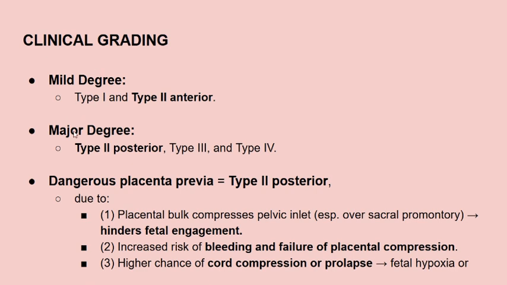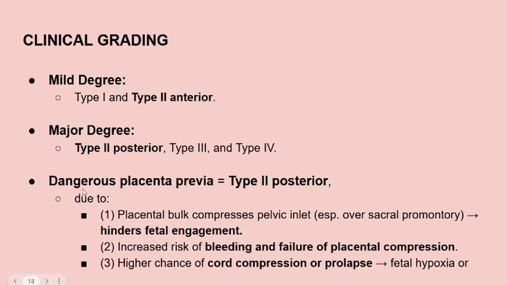We also have the major degree, which is type 2 posterior, type 3, and type 4. So type 3 and type 4, we consider as major placenta previa. Type 2 posterior is what we also consider as major placenta previa.